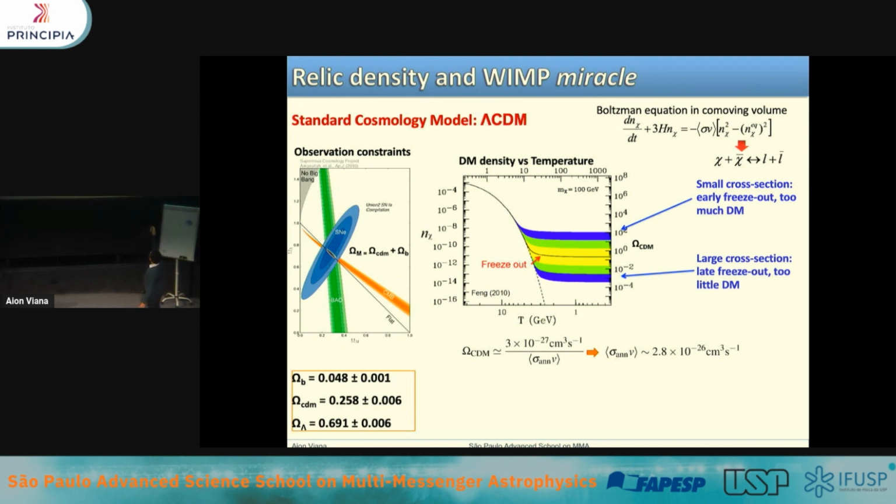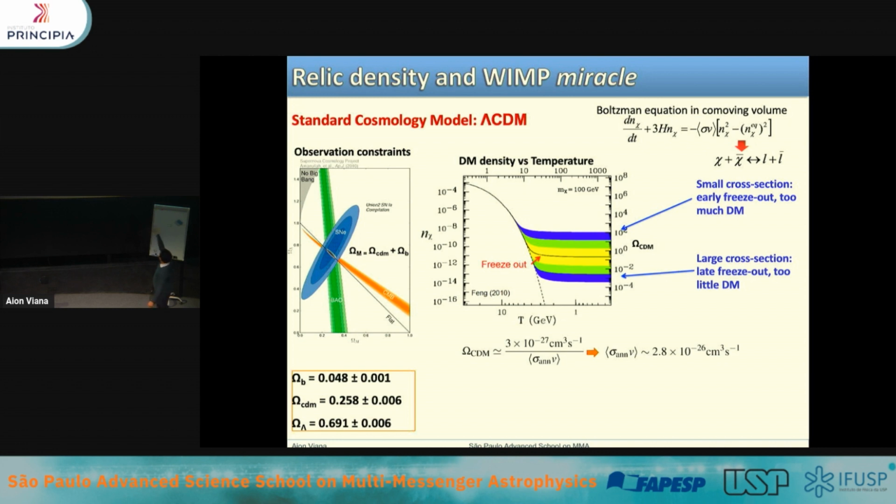So the equation that drives the interaction between dark matter and the standard model is what we call the Boltzmann equation in comoving volume. This is a very simple equation. And here you can actually see this equation. This is the term that depends on the expansion of the universe.